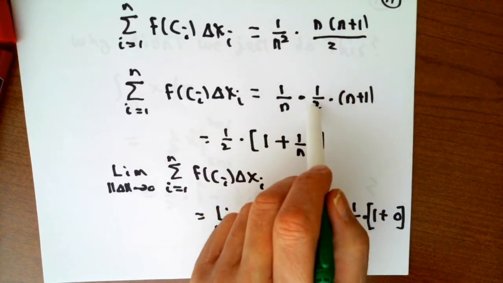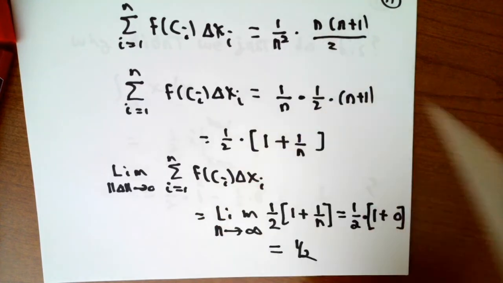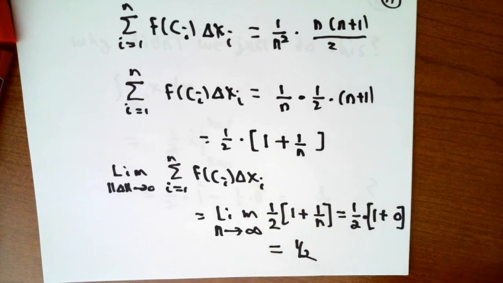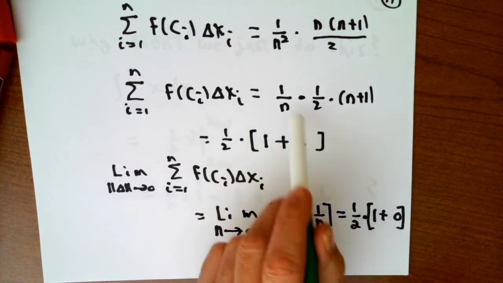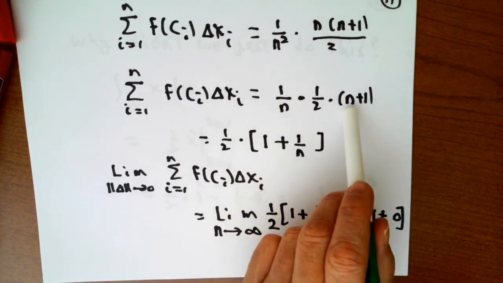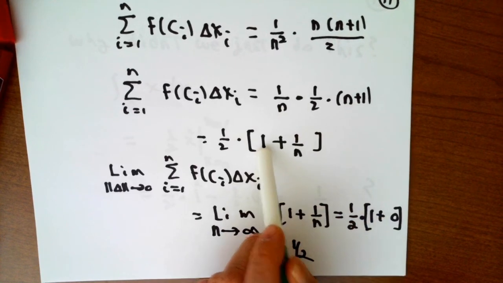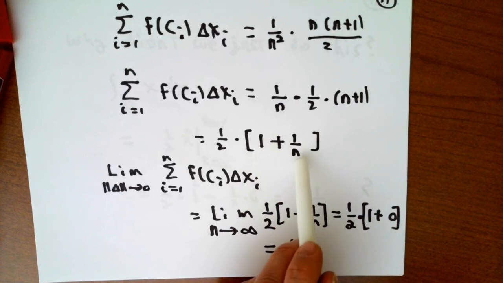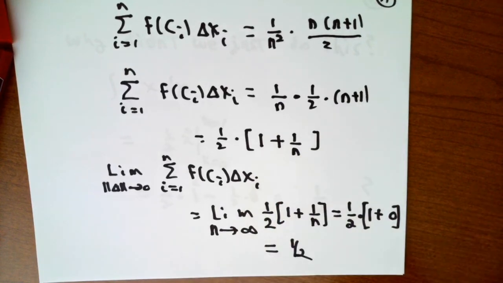You'll have a 1/2 from the 2 on the denominator, and you still have this n plus 1. If you write the 1/2 out front and then do the distributive law, 1 over n times n is 1, plus 1 over n times 1 is 1 over n.